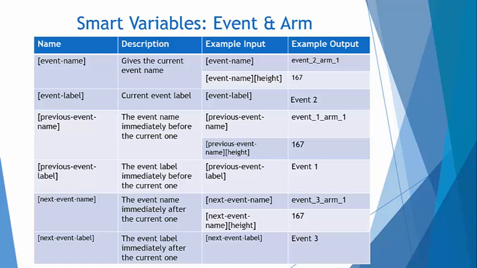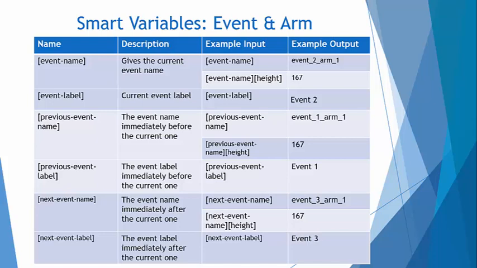If the current event is the first event, this will be blank. Next event name pulls the name of the event immediately after the current one. Like with the previous event name, you can use this to simply pull the name of the event, or you can prepend it to another variable to pull in information from that next event in piping or for calculations or logic. When used as a standalone, this one will always return the event that occurs immediately after the current event.